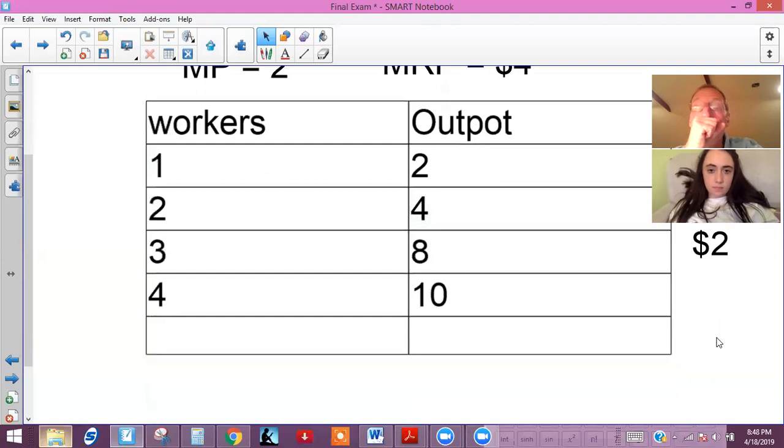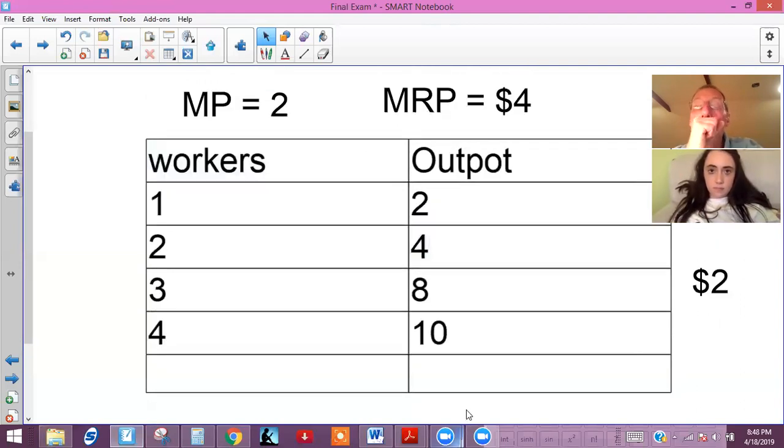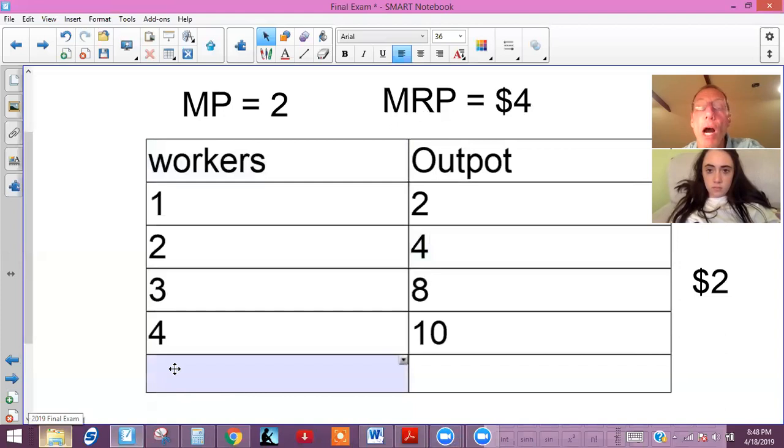They might say the wage rate is $2 an hour, and this is output per hour.